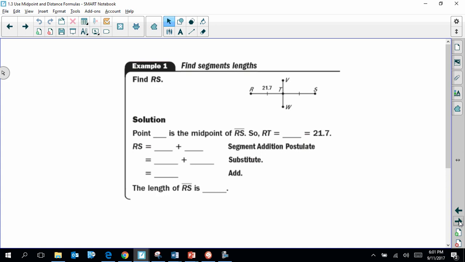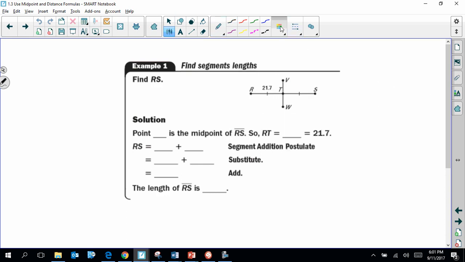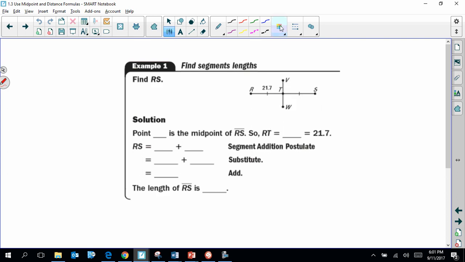understanding what we have here, what we can recognize looking at this diagram, let's pick a color that's not just black. Here we can say that segment VW bisects segment RS.